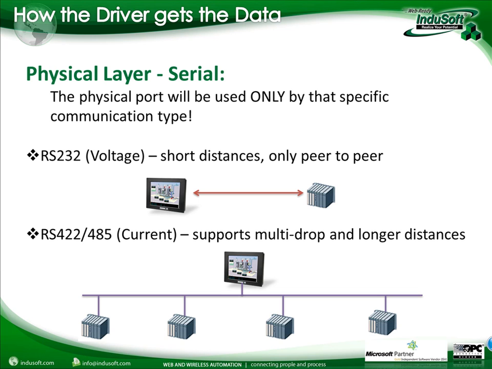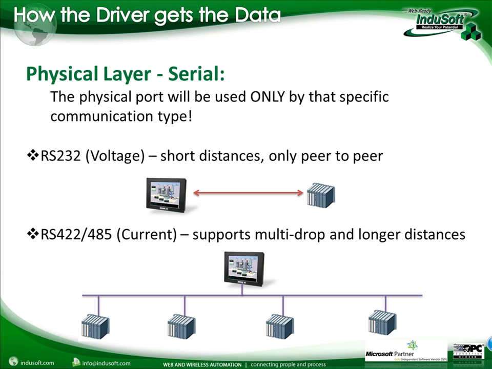The maximum that I recommend is 100 feet, or around 30 meters. That would be the max for RS-232. And of course, you may be subject to some interference, so you need to isolate the cable pretty well when using RS-232.